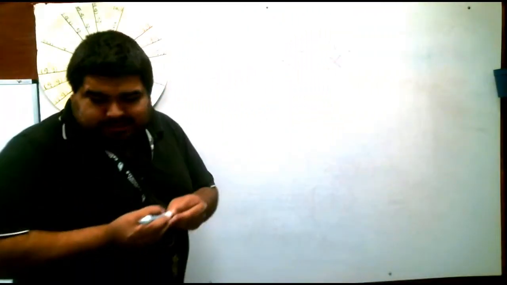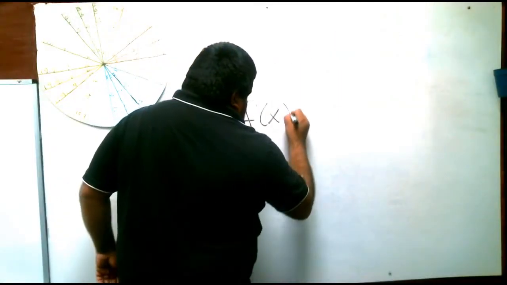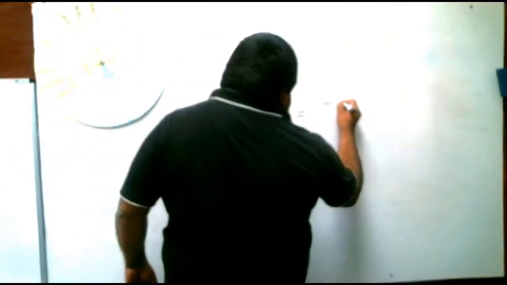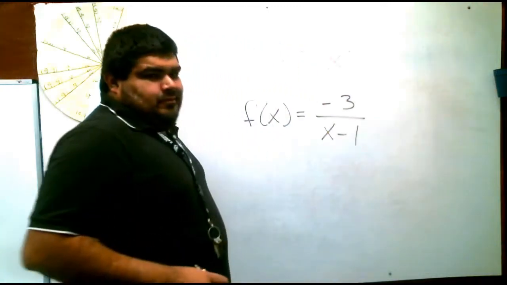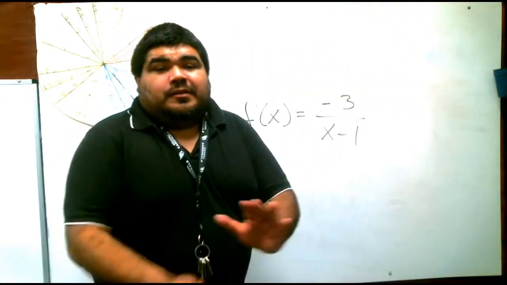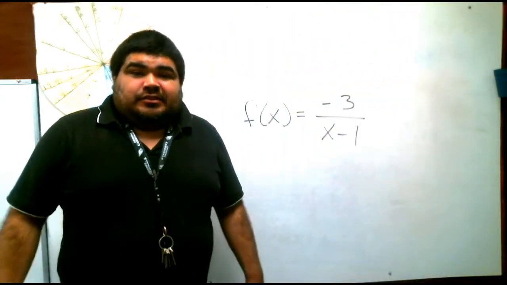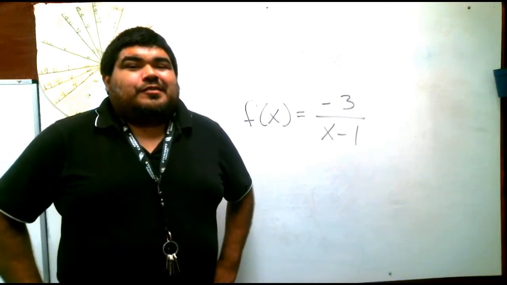And then your second one is f of x equals negative 3 over x minus 1. So again, find the asymptotes. It has more than one. Make sure you submit your answers as soon as you're done watching the video, and I'll be waiting for your email.